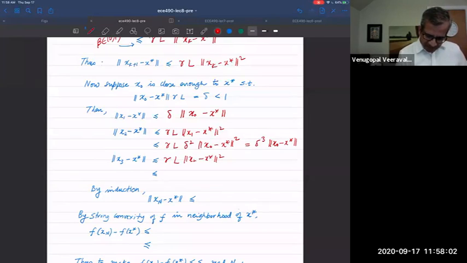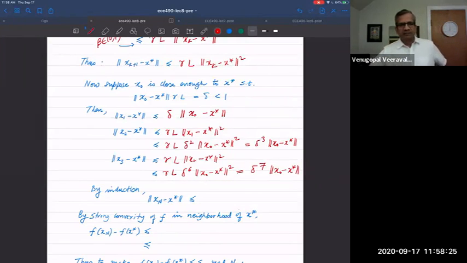But x2 minus x star can be upper bounded by delta cubed times x0 minus x star. So now I get delta to the 6 times x0 minus x star squared, which is equal to delta to the 7 times x0 minus x star. Okay, so in 3 steps, my factor delta goes up to delta to the 7.